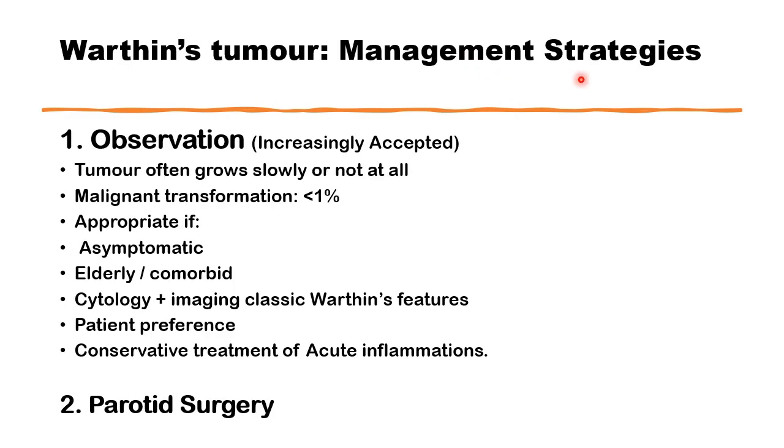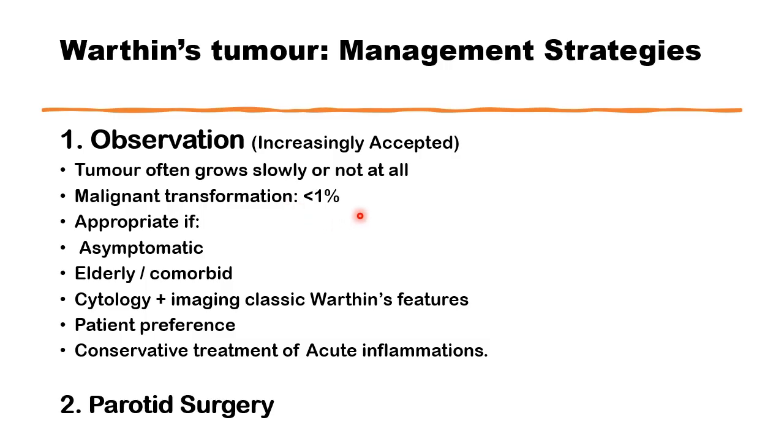The management strategies include two major options: either observation with conservative treatment sometimes, or parotid surgery. The first line, the observation, is increasingly accepted. The tumor often grows very slowly or not at all.